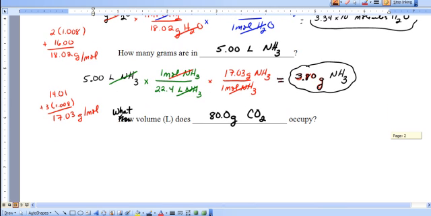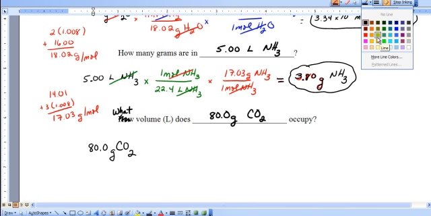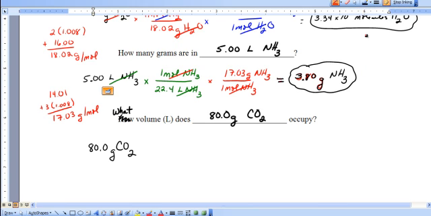And the last question, what volume in liters does 80 grams of CO2 occupy? So we'll start with our 80.0 grams of CO2. First thing we need to change the grams into is moles. Carbon weighs 12.01. Each oxygen weighs 16. You have 2 of them.